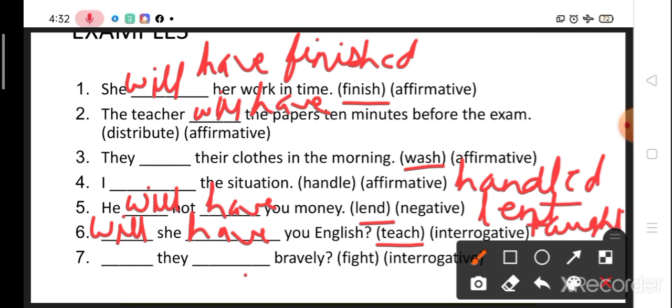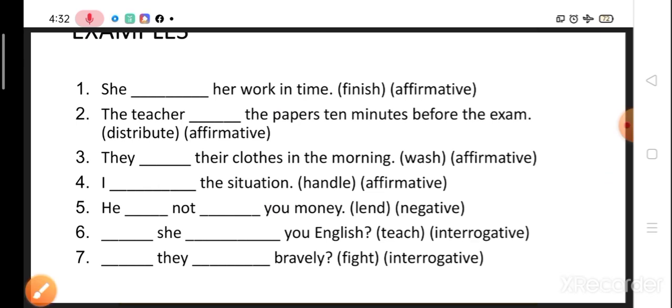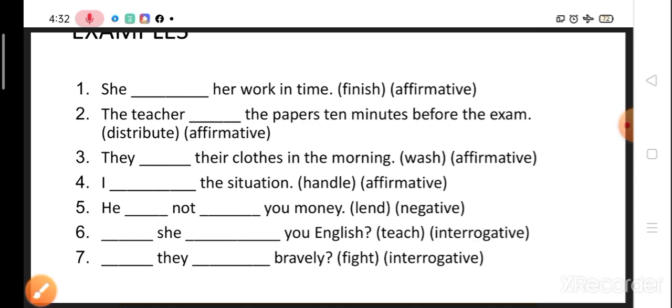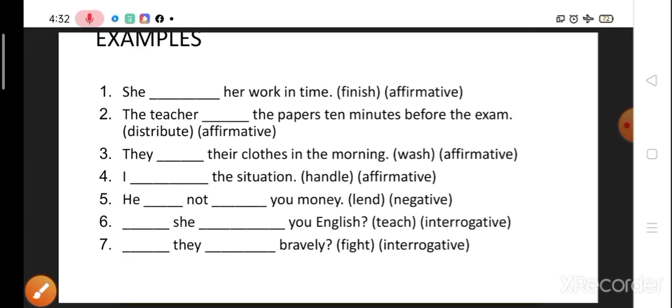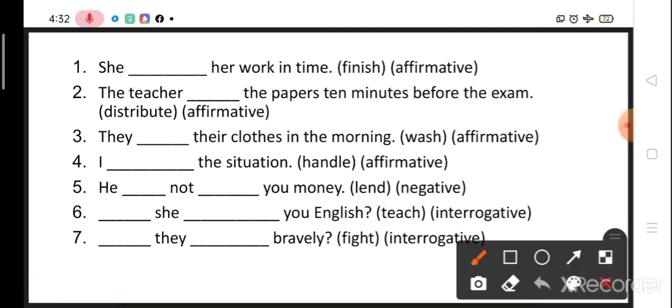The last example: will they have fought?